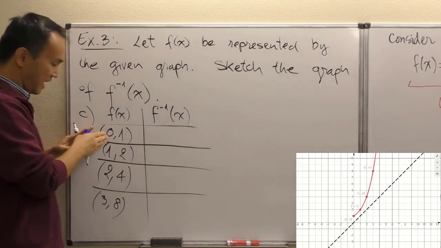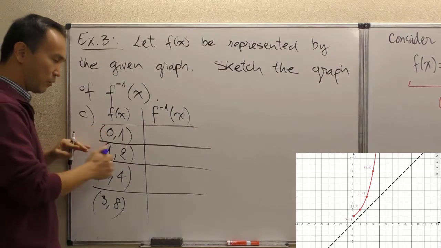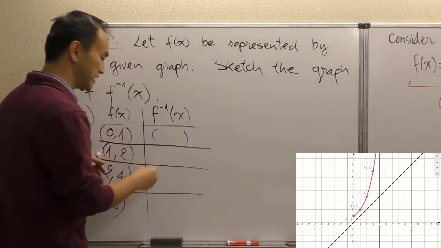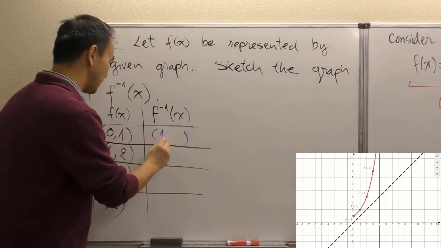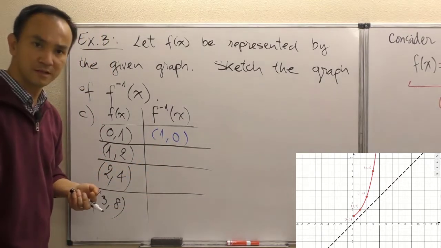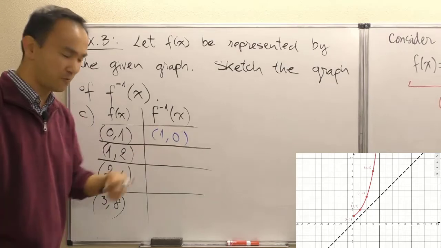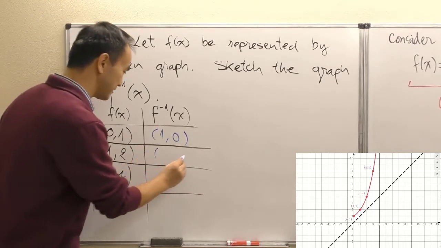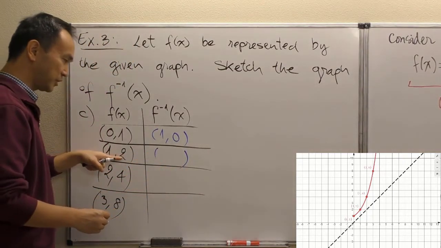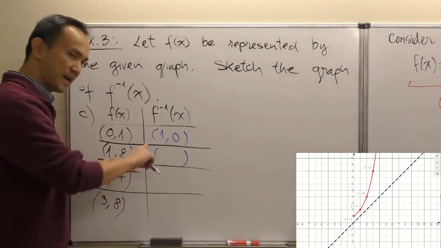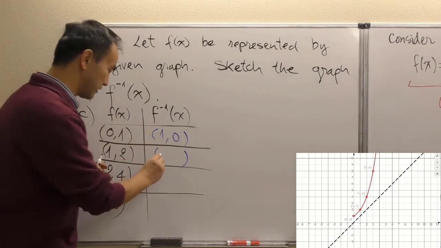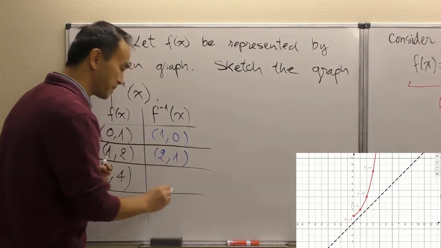First point, originally (0, 1), is now transformed to (1, 0). Again, on the inverse function, x and y values switch roles. For the next point, originally (1, 2), now on the inverse function, x and y values switch roles. So now that's why we're having (2, 1).